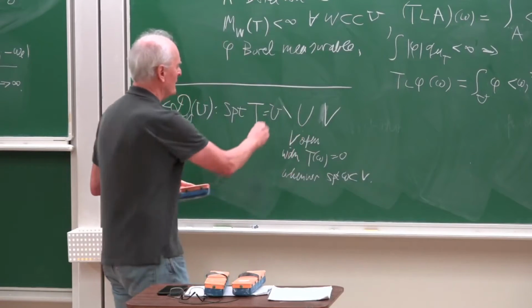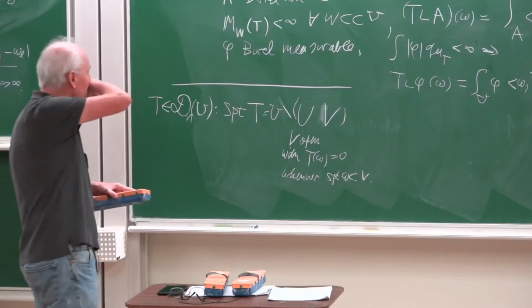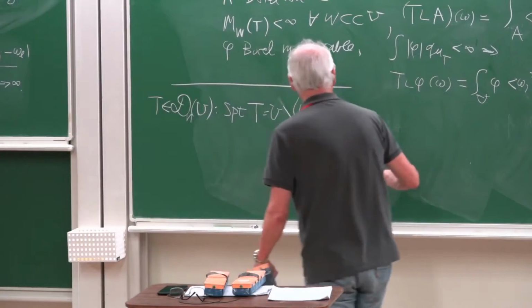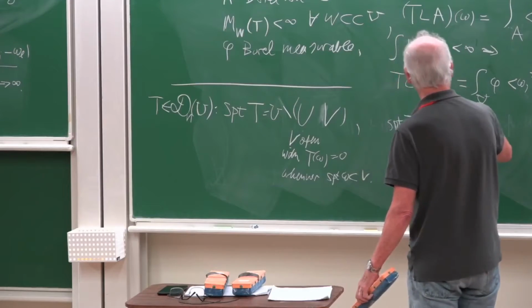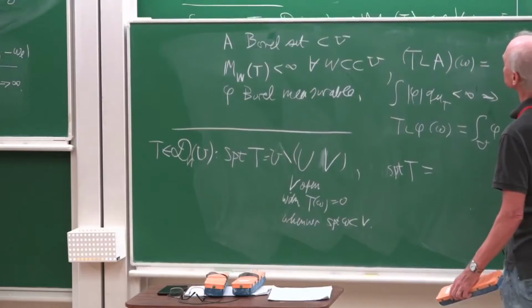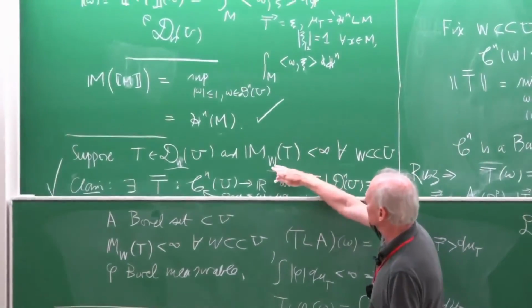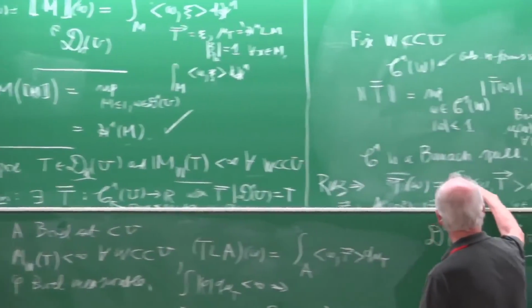So that's the support. It's a closed set by definition, and notice that the support of T is exactly the same as the support of this measure in the case when you're in this setting where the mass is locally finite, and you can use this.